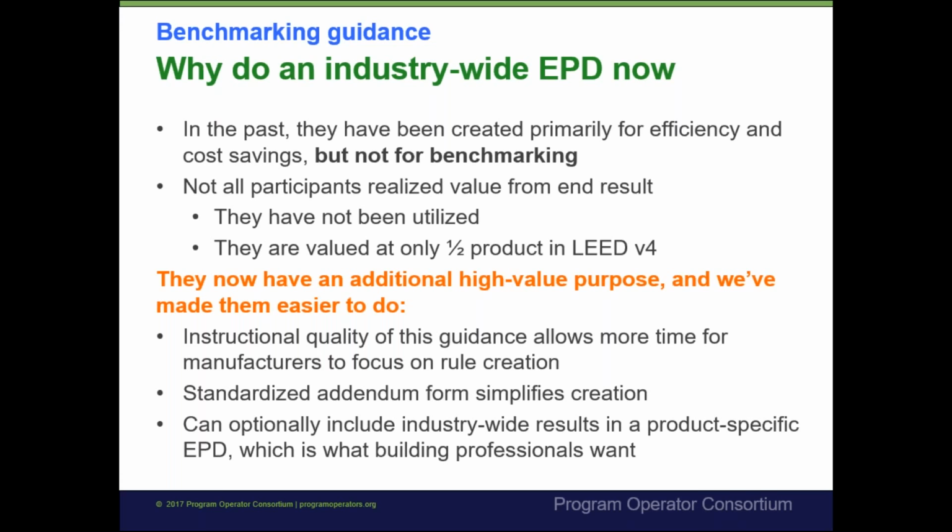Since the guidance is in an instructional format and the benchmarking addendum form is always in the same format, it lets manufacturers spend more of their time working together. More of that time is focused on rule creation. And plus, they can optionally include industry-wide results in the product-specific EPD, which is what building professionals want.